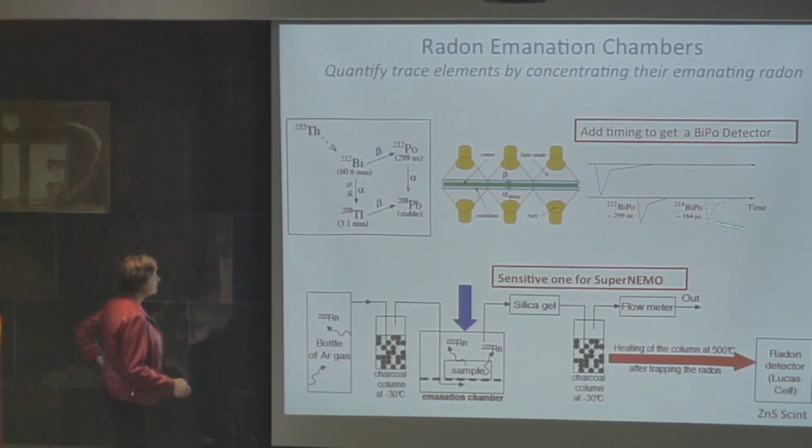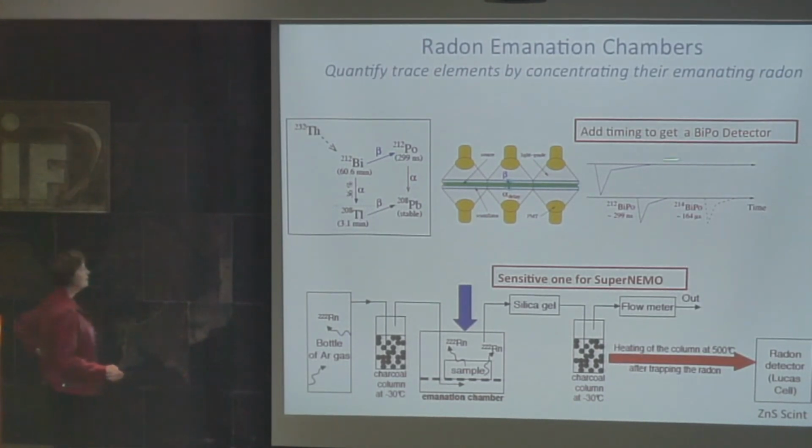And if you want to get really fancy, you can add timing to this whole thing. If you hear about something called a BiPo detector, there are many, many ways to realize this. This is the one that SuperNEMO uses. If you look at the chain, this is the Bi, this is the Po. The bismuth has a beta decay to polonium, which then alpha decays down to lead.